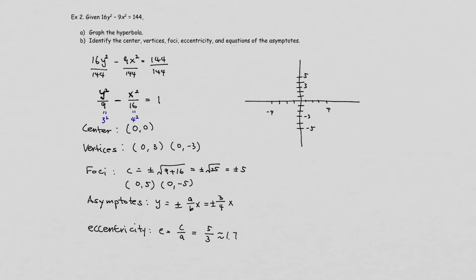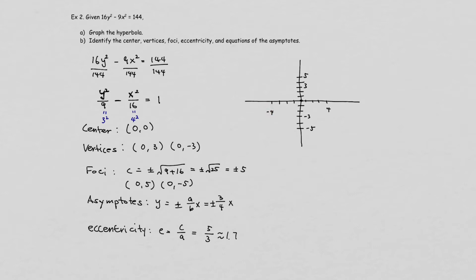So what is given is center is 0, 0. From here, using the asymptote, it means go up 3. You're going up 3, and move right 4, will be right here. And go down 3, move left 4.